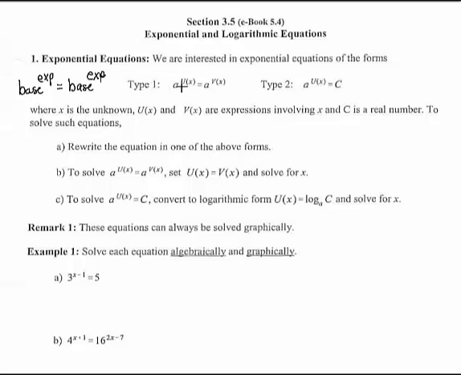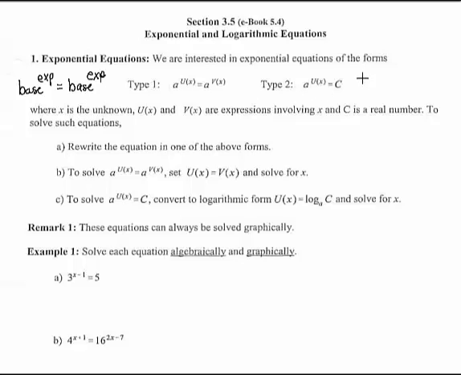You can notice that we have a function on each side in terms of our exponent, labeled u of x on the left and v of x on the right. Well, this one's real simple. We just drop the bases because the exponential function is 1 to 1. That tells us that the exponents have to be equal. So we just drop the bases and we set the exponents equal to one another.